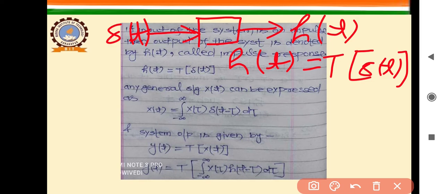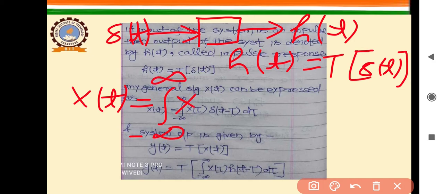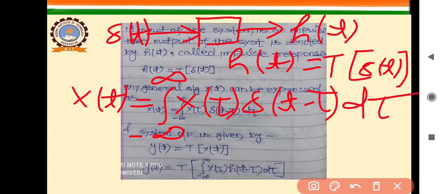And any general signal x of t, as we have seen in the previous lecture, can be expressed as the integral over tau from minus infinity to plus infinity of x of tau delta of t minus tau d tau.